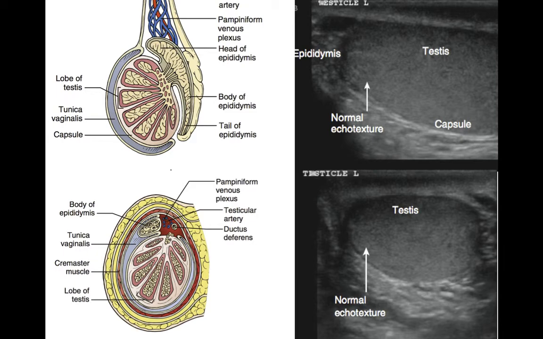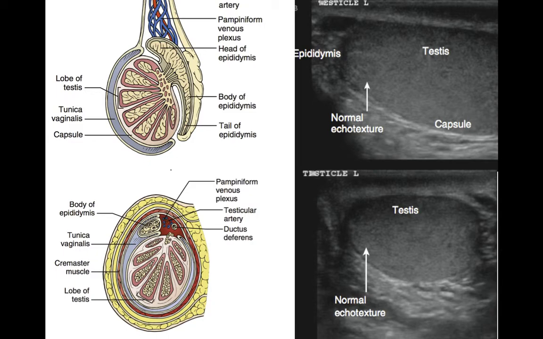Sometimes we can create a different environment: if you don't have a linear probe or Doppler functions, you can create a window. But if you are trying to figure out testicular torsion, you should be equipped with a linear probe with Doppler function, especially for children.